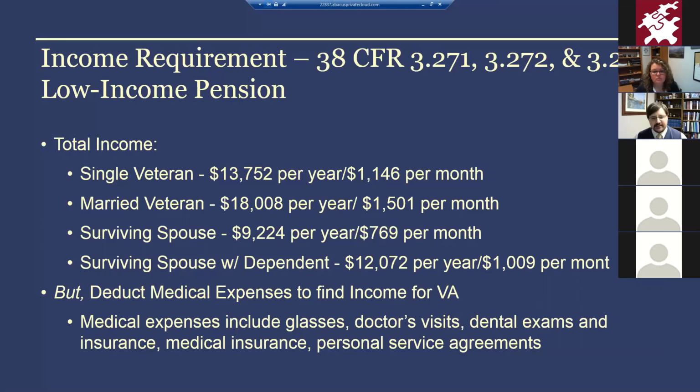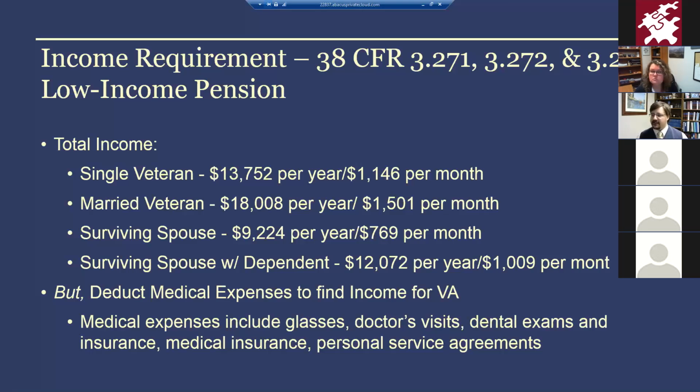That's what this is, the income for VA purposes. Medical expenses include glasses, doctor visits, dental exams, insurance, medical insurance, personal services agreements. And candidly, the VA released a list in October of 2018 of all of the medical expenses, and that list is very, very extensive and very exhaustive. So the likelihood is if you have a medical expense, it's going to fall into that list.